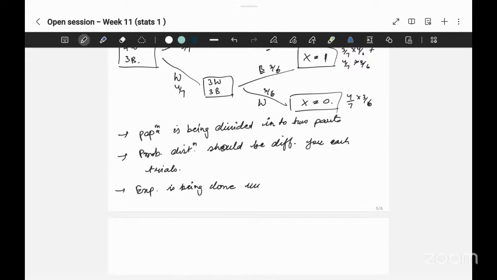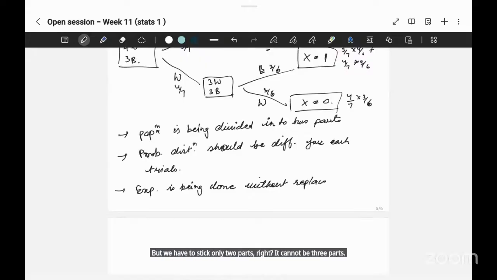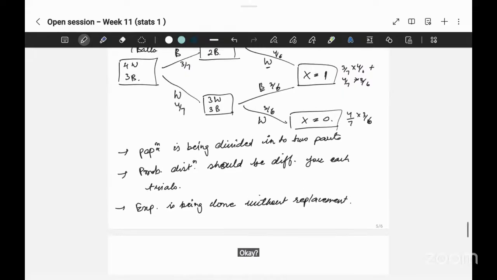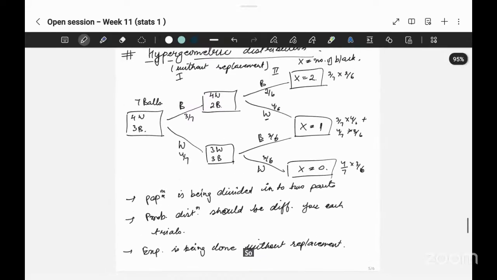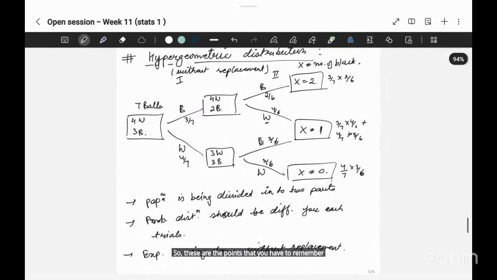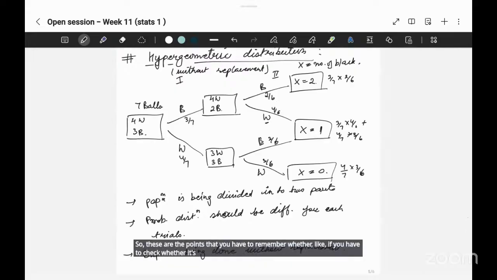But we have to stick to only 2 parts. It cannot be 3 parts. So these are the points that you have to remember to check whether it is following a hypergeometric distribution or not.